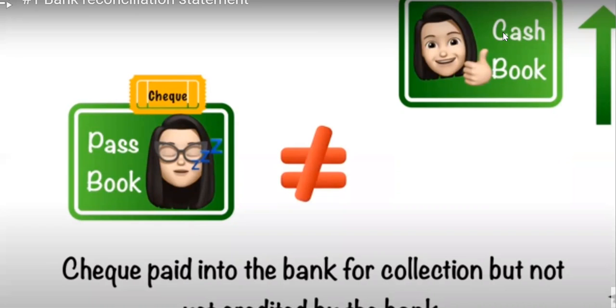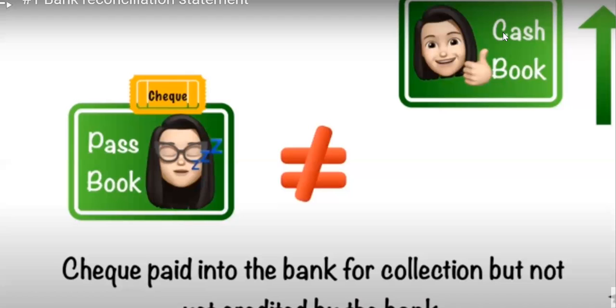Under this, we increase our cash book because in our cash book bank column we entered the check paid into bank, 5,000 or whatever, on the debit side.